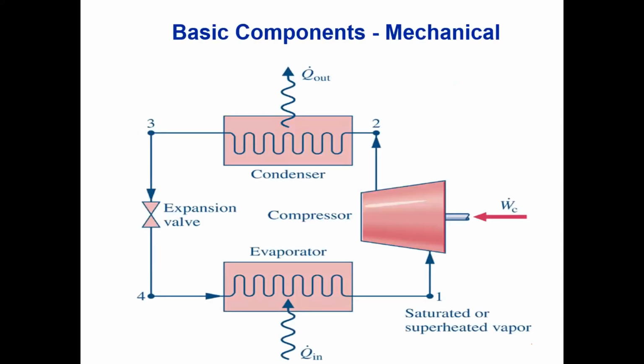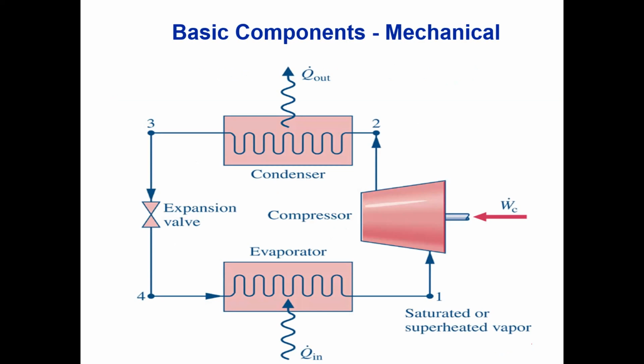Okay, this just reminds you of the basic mechanical components, we've seen this before. You've got a compressor, superheated vapor at 2, you condense it at high pressure, and then it goes through the expansion valve. We get some flashing.